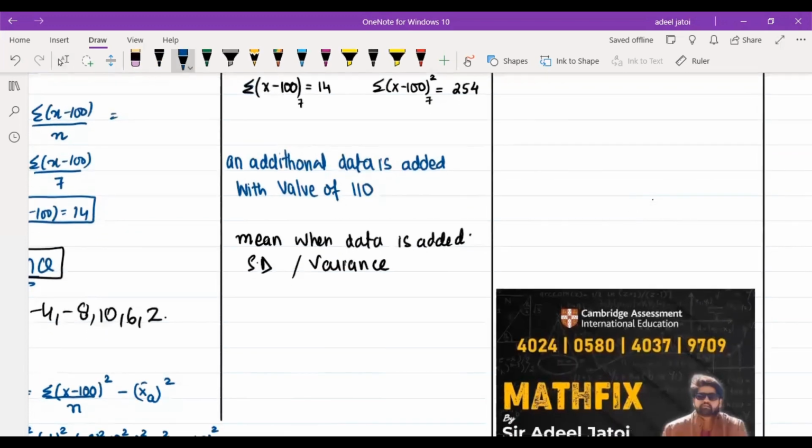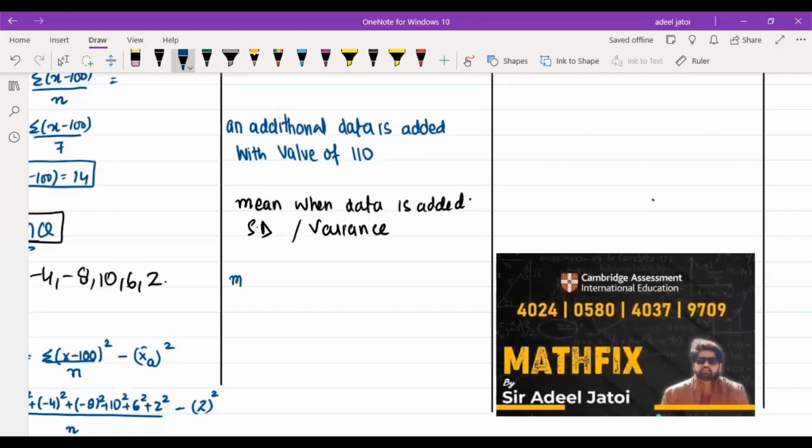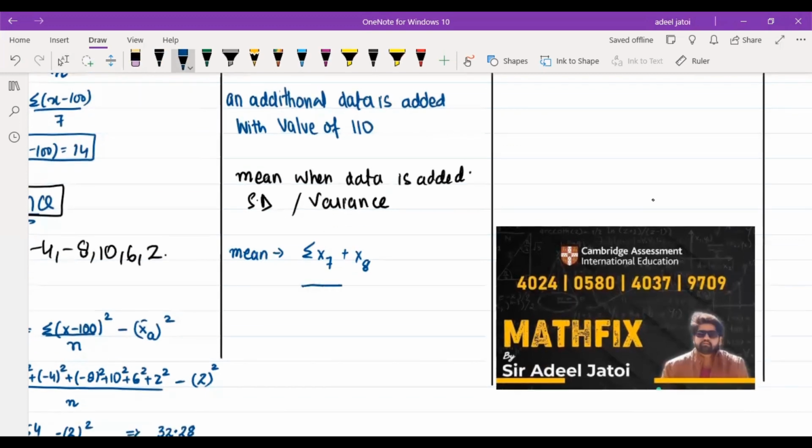So if I want to calculate through the normal data, it means the summation of x7 plus x8, assuming this as 8 data. So the data will be added as x8. This should be divided by 8, which means 714 plus 110, divided by 8.